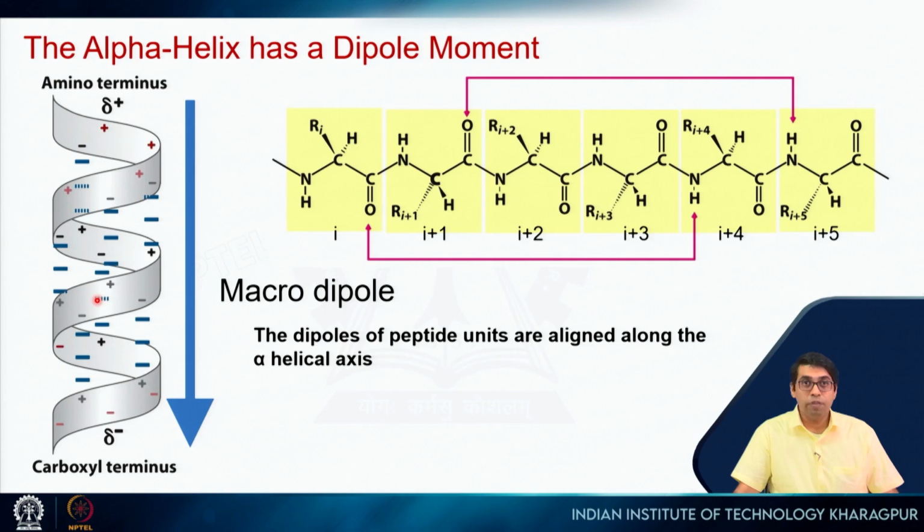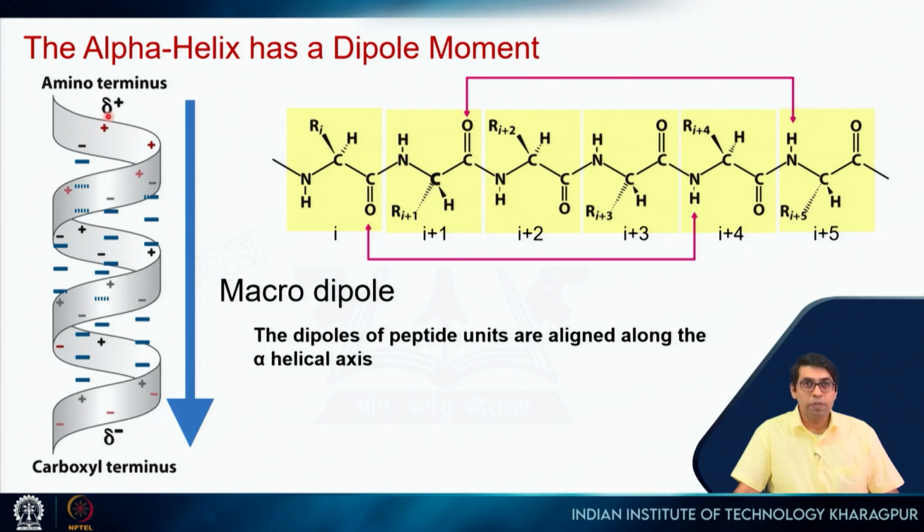But towards the end of the helix, towards the amino terminus, there will be 3 carbonyl groups, so there will be these partial positive charges. These are not satisfied by hydrogen bonds. Towards the carboxyl terminus, there will be these partial negative charges coming from the oxygen, and these partial positive charges coming from this hydrogen.